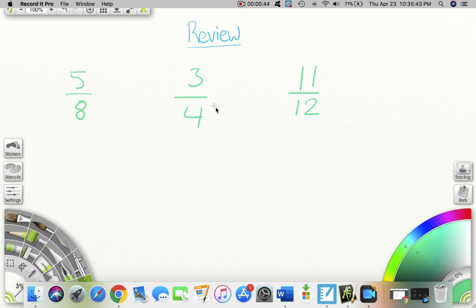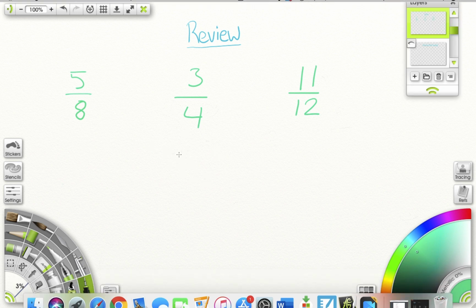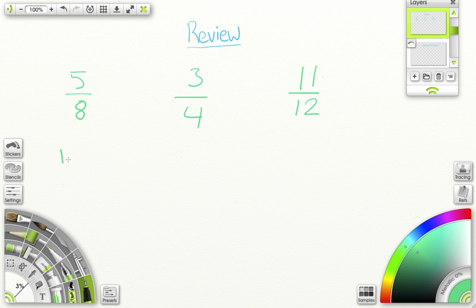So first things first is our review. To figure out which fractions are bigger or smaller than others, the easiest way to do it is to put them on the strips. So I have to put least over here, and my greatest will be over here. And the easiest way for me to organize them is to create my fraction strips.